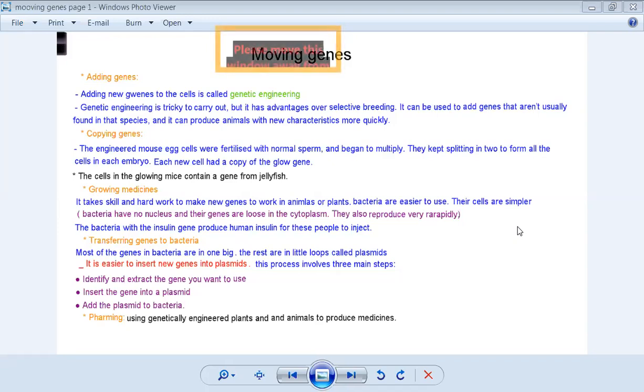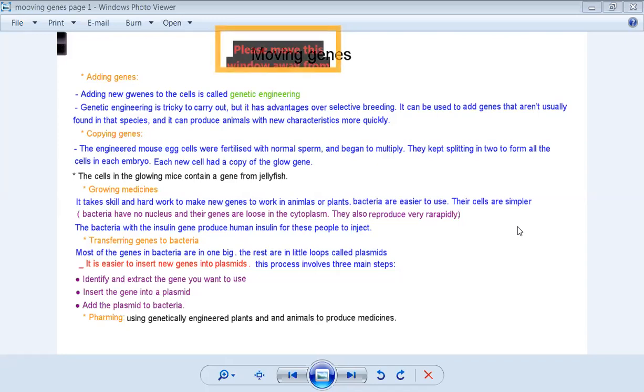But it has many advantages because it can give you more useful characteristics, can improve the crops, can improve the health of the animals, and can give them new characteristics or features. It can be used to add genes that aren't usually found in that species, and it can produce animals with new characteristics.